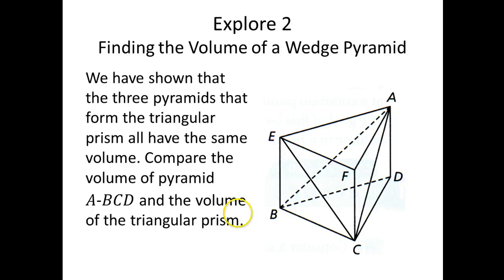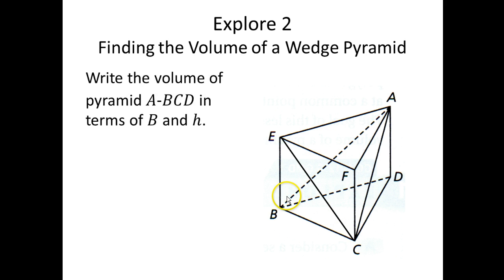So what we've just shown is that by forming this triangular prism, we've essentially formed three pyramids that have equal volumes. Now we're going to compare the volume of our wedge pyramid that we're trying to find a formula for, and the volume of the triangular prism as a whole. The first thing we're going to do is write the volume of the pyramid ABCD, the original wedge pyramid, in terms of B and H. That's our goal.